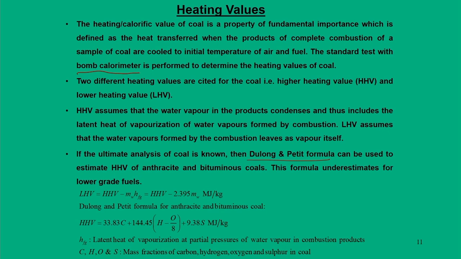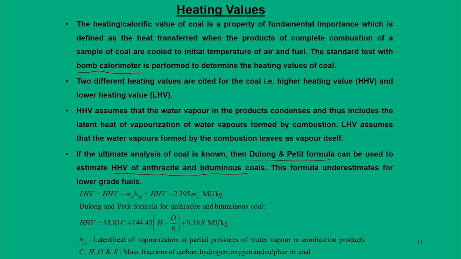But here in SI units, Dulong's formula was modified into the Dulong-Petit formula, which is used to estimate the higher heating value of anthracite and bituminous coal. It is not generally used for low grade fuels, only for high grade fuels, because its value underestimates.